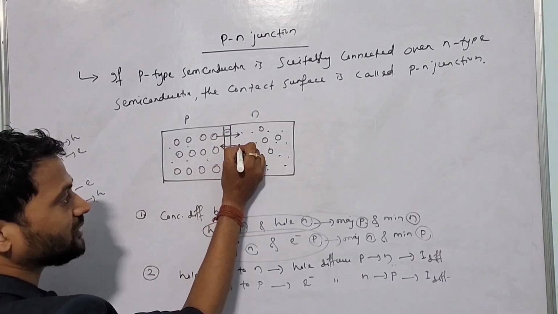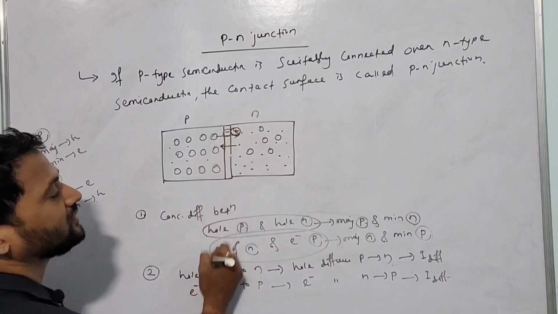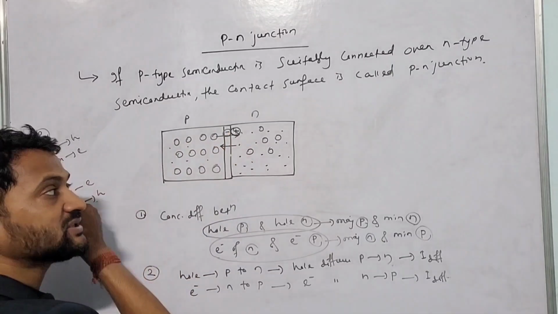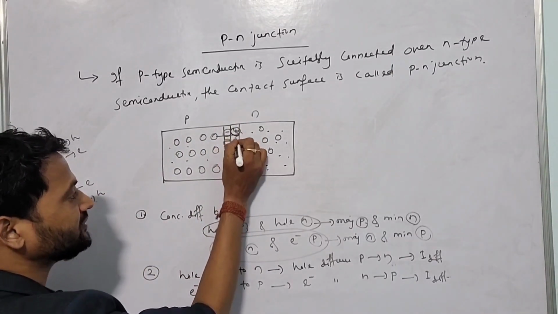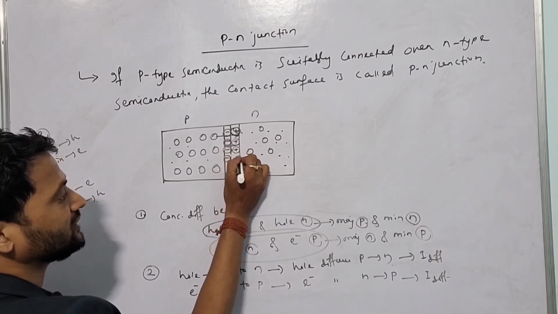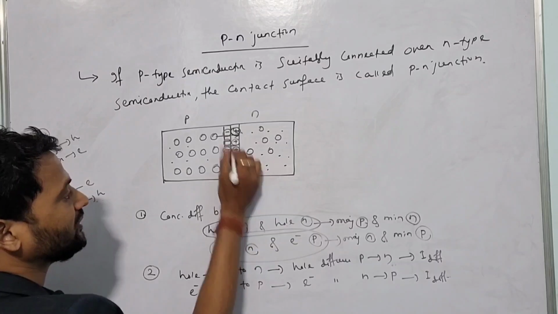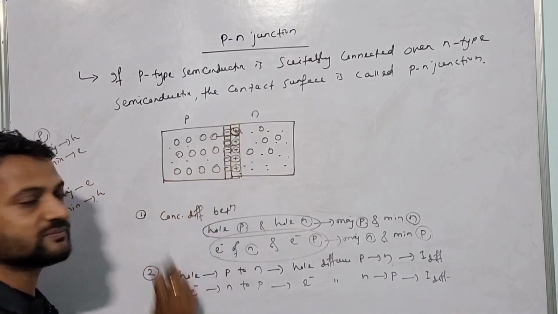If electron moves from N to P, what will it leave? A positive immobile charge ion. That means negative and positive immobile charge ions will accumulate and that will form a junction. This junction is called PN junction.